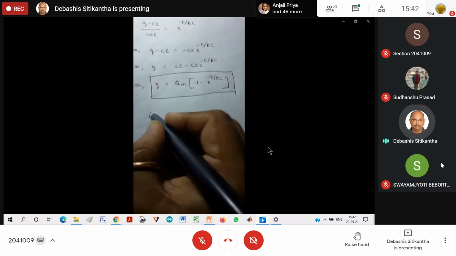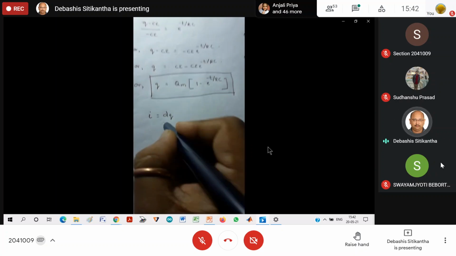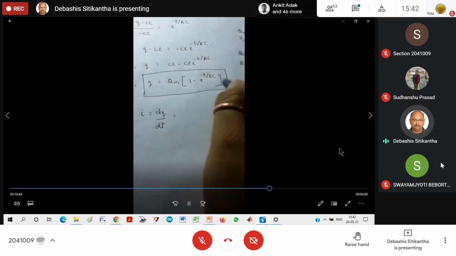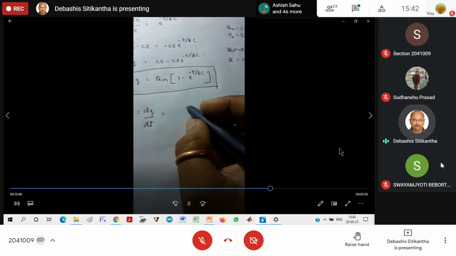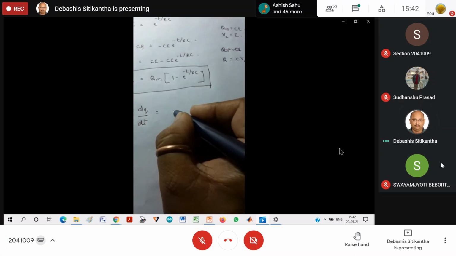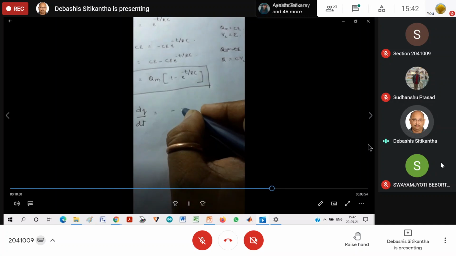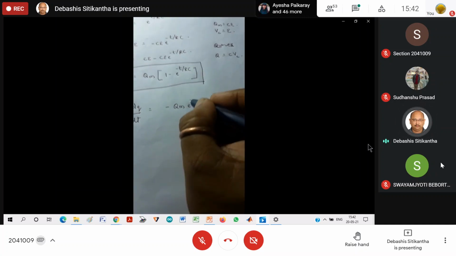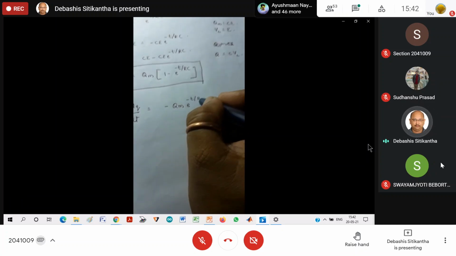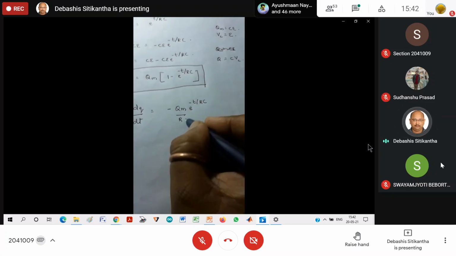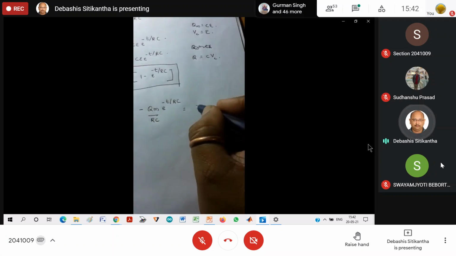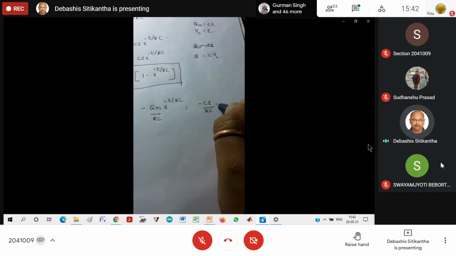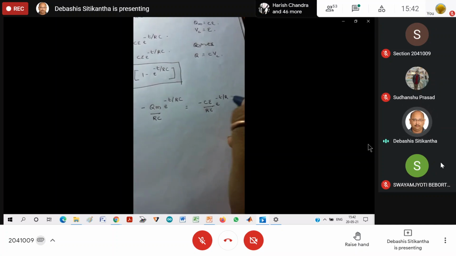So ultimately we got the expression for the change of charge on a capacitor with respect to time. Now again we know I is equal to dq by dt. So if we differentiate this entire expression with respect to time, we are going to get minus Qm e to the power minus t by RC, divided by RC. Now Qm is equal to CE, so this is minus CE by RC e to the power minus t by RC.